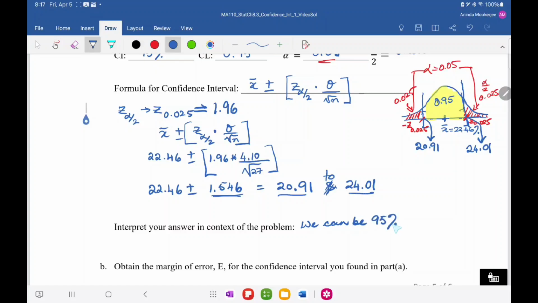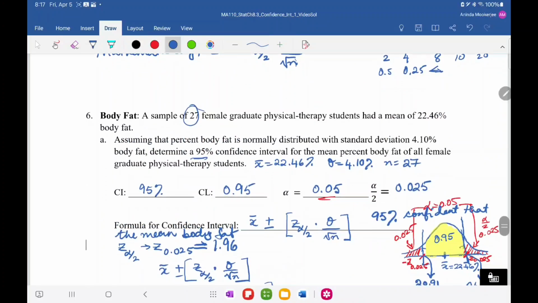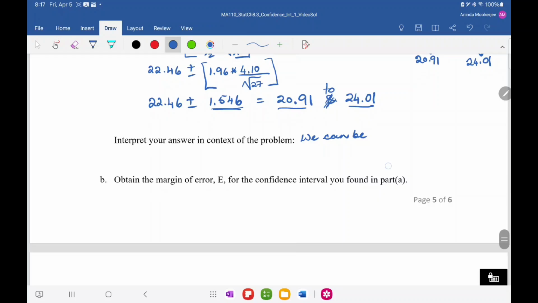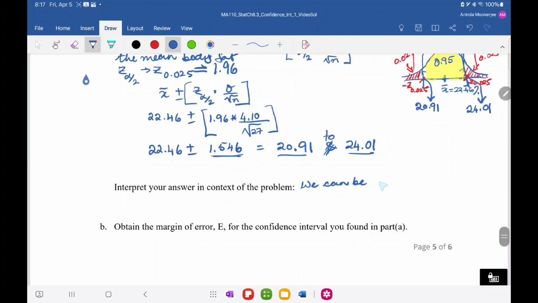So we can be 95% confident that the mean body fat, and then you can just pick up your wording from the question itself, where it says determine a 95% confidence interval for the mean percent body fat of all female graduate physical therapy students. Just pick up the wording from there. We can be, I guess I lost the writing here.